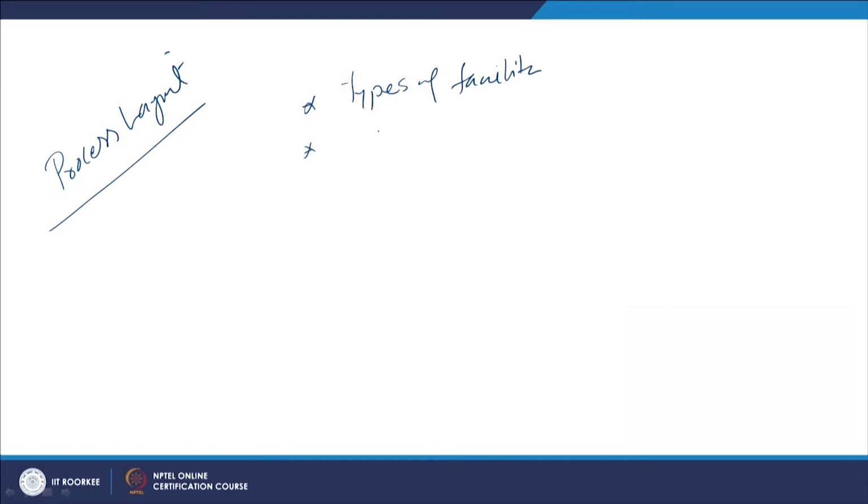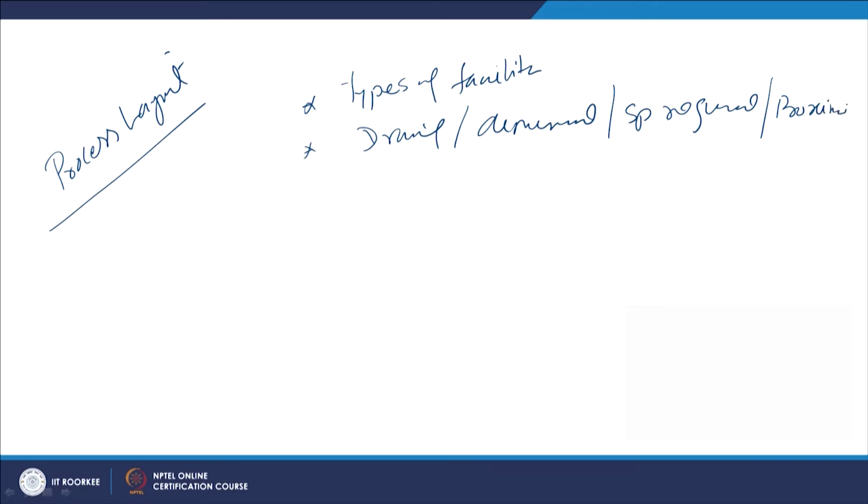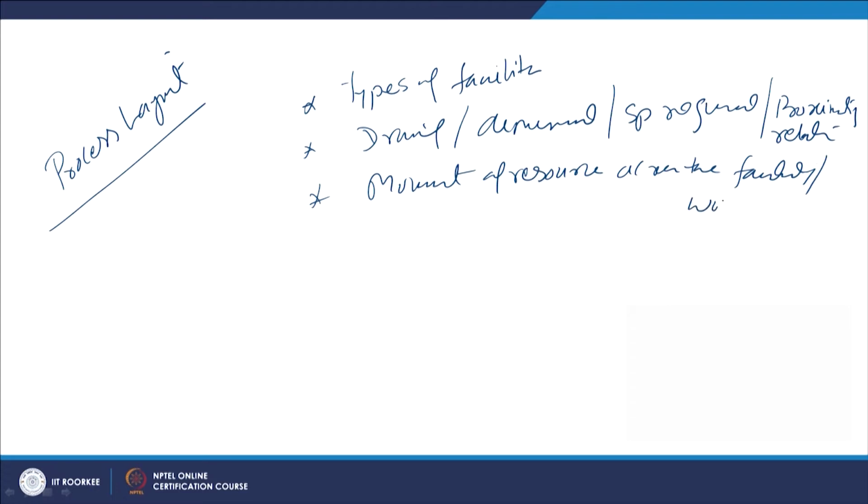What are the drawing or dimensional details or the specific requirements, or the kind of proximity relationship, how close they should be, and what is the kind of movement which is involved, movement of the resources like man, material, machines across the facilities or the work centers.